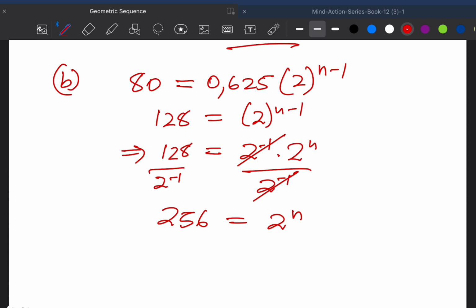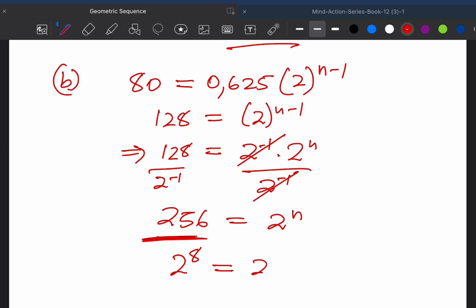Continuing to find the value of n, we can just turn this into a base of 2. Now 256, let me check the factors of that. 2 to the power of 8 gives you 256.